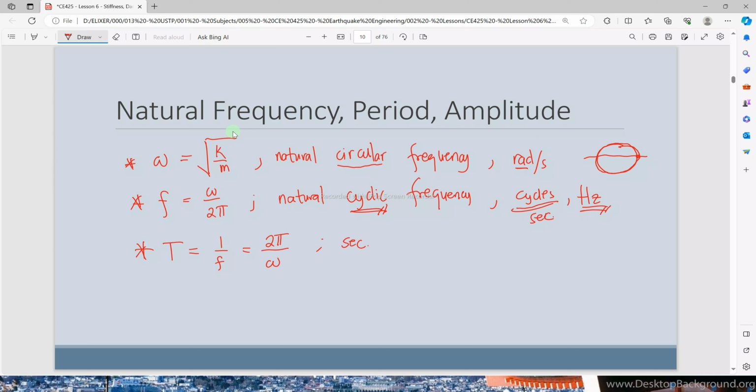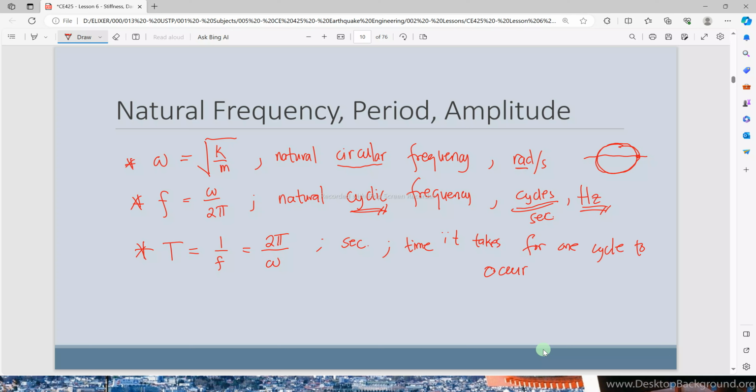So again, the period is the time it takes for one cycle to occur.